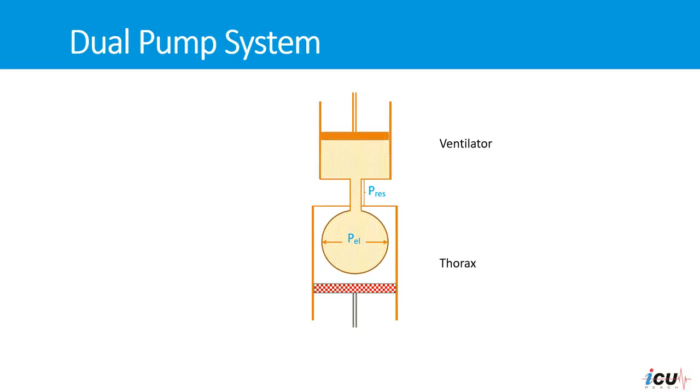However, if the patient started to breathe, we add another pump to the ventilator pump. Now the patient is able to generate a negative pressure, so that transpulmonary pressure will be the ventilator pressure minus the intrathoracic pressure that is generated by the patient.